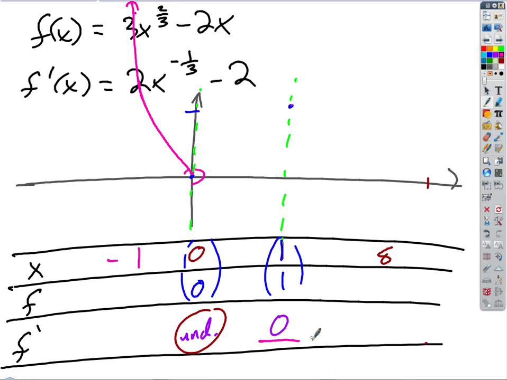So we can put a horizontal line there next to that 0, which reminds us that it's a flat curve. And this one's going to go like this. Okay, so that is not perfect. We didn't mean for it to be perfect, but it's an accurate sketch of the behavior of that function. That makes sense?